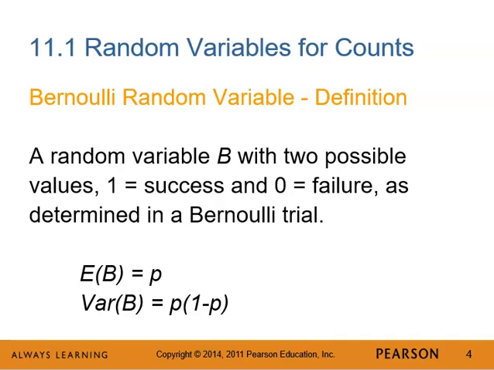The variance of B is the probability of success times the probability of failure. P represents success, and all outcomes together add up to 1, so the probability of failure is 1 minus p. So the variance is the probability of success times the probability of failure.